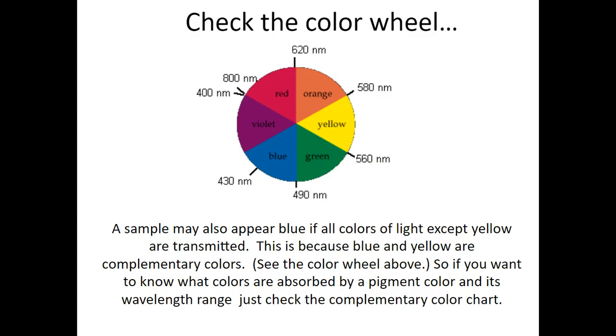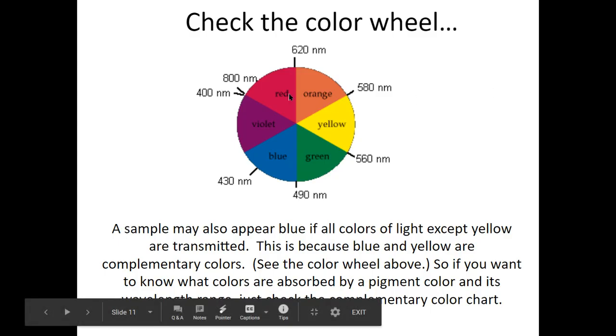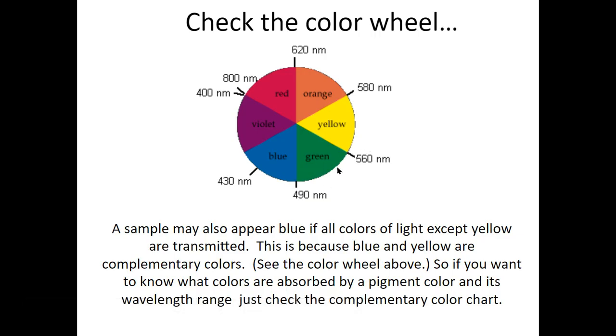That's the maximum absorbance of the color that's being absorbed for me to see red. Red is being seen because it's reflected out. All the other colors are really being absorbed, but the most absorbance is happening in the 490 to 560 because that's the complementary color of red. So red is the color I see, green is the complementary color, and this is the maximum absorbance, the wavelengths that are being absorbed by that red solution.